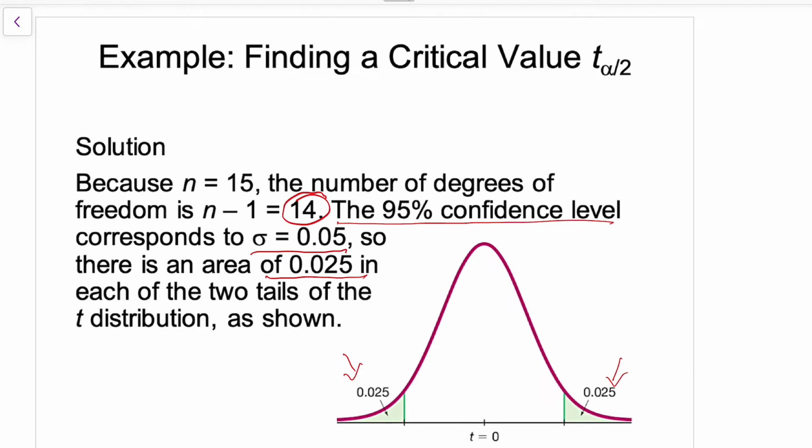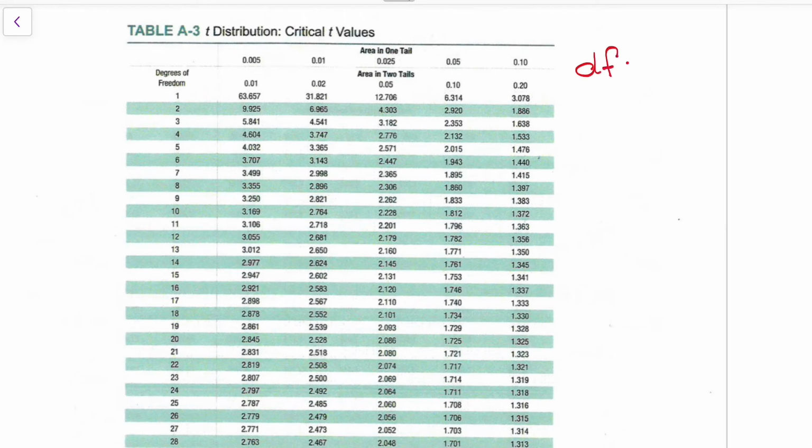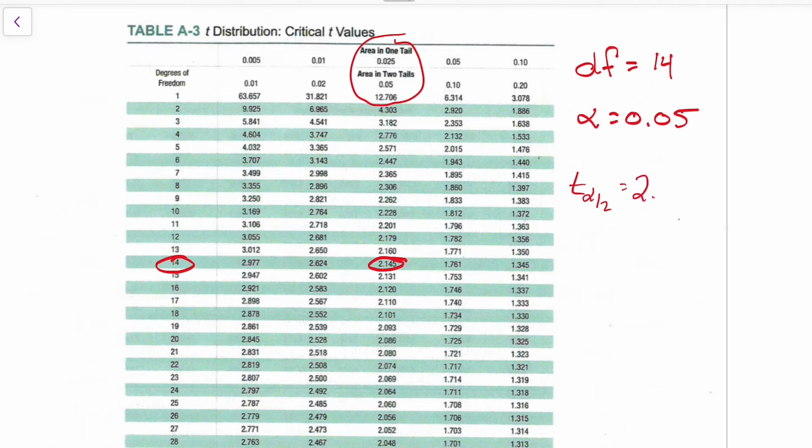So let's look at our table A3 to find the critical value for this example. Okay, we got our degrees of freedom being 14, and we got our alpha being 0.05, which means I want to be in this column, area in two tails of 0.05, and this row because my degrees of freedom is 14, which tells me my critical value of t sub alpha over 2 is going to be 2.145.